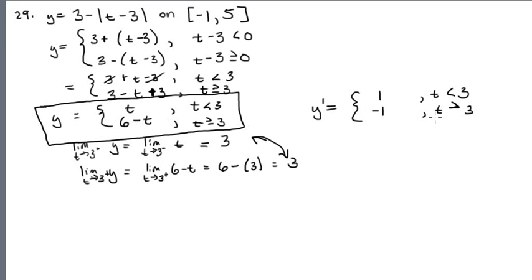So at t equal to 3, since the left and right values don't approach the same value, our derivative, y prime, does not exist.